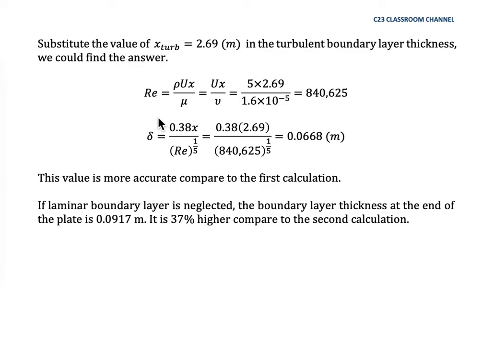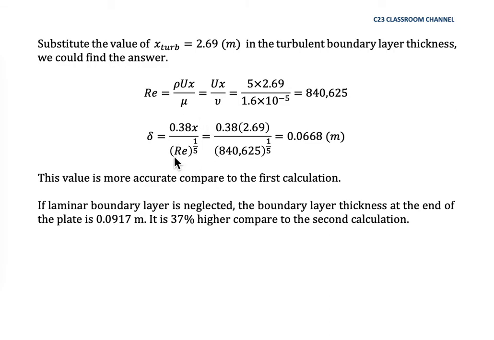So, for example, when we agree to use that the length of the turbulent boundary layer is 2.69 meters, we calculate the Reynolds number, rho ux over mu, we substitute the value and we get around 800,000. We substitute the value into delta equals 0.38x over Reynolds number to the power 1/5.